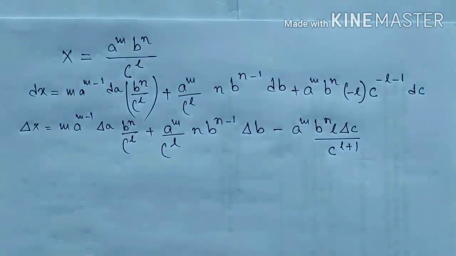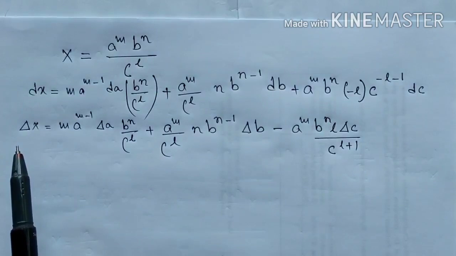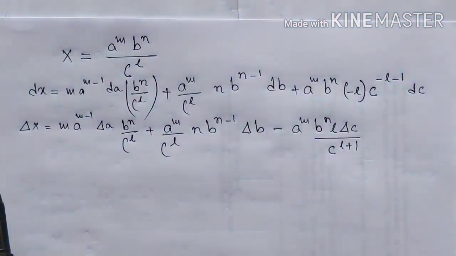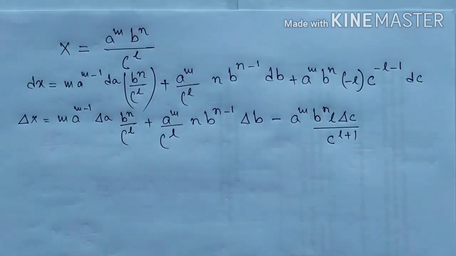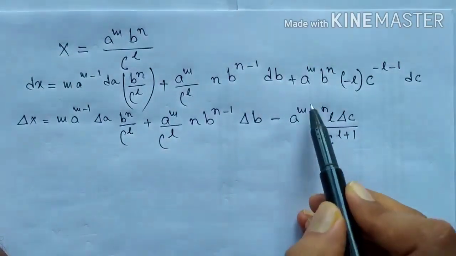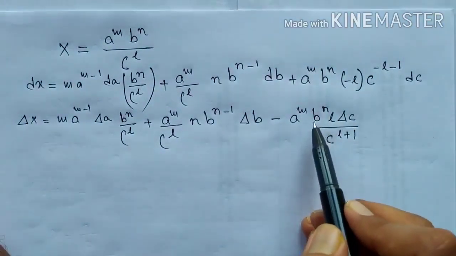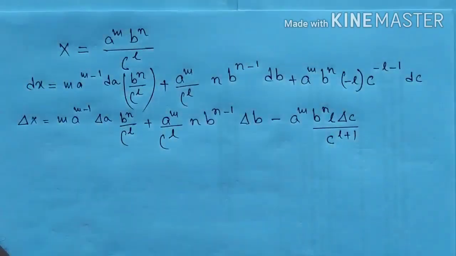Fine. Now what is this delta x here? Delta x is the amount of error, but what we want is maximum amount of error. So when we intend to calculate the maximum amount of error, in that case delta c or this entire expression has also to be evaluated as positive quantity because we want to calculate the maximum.